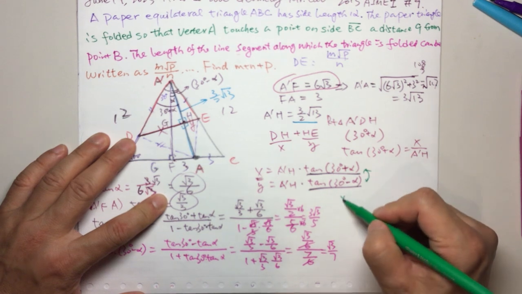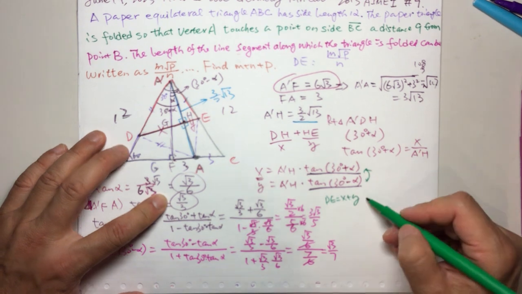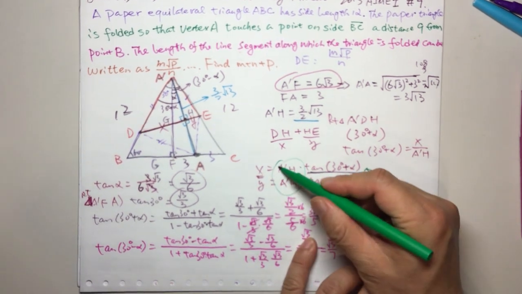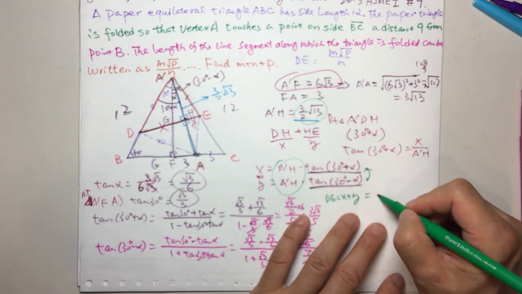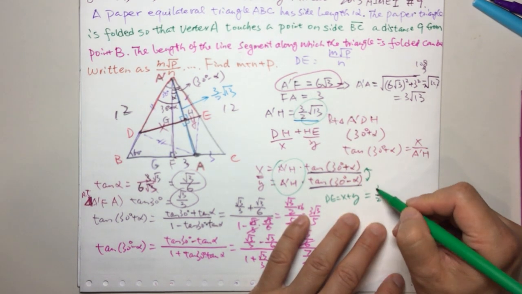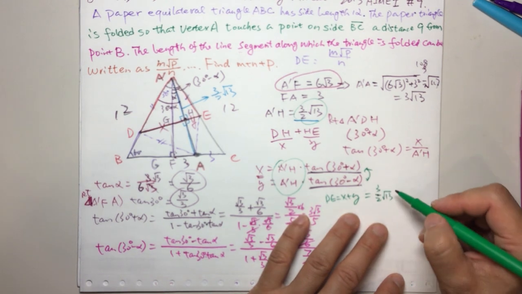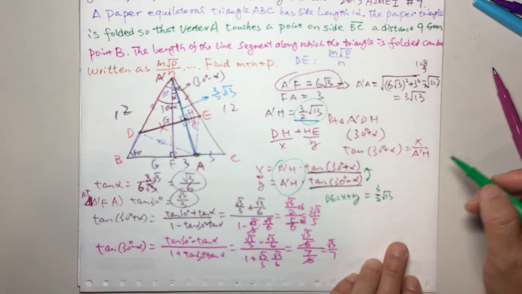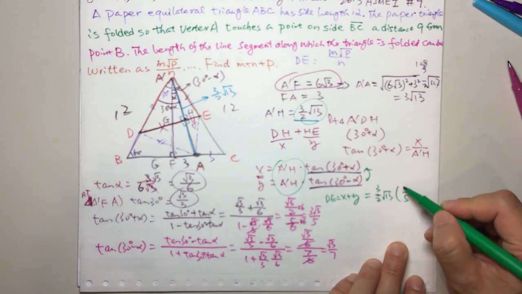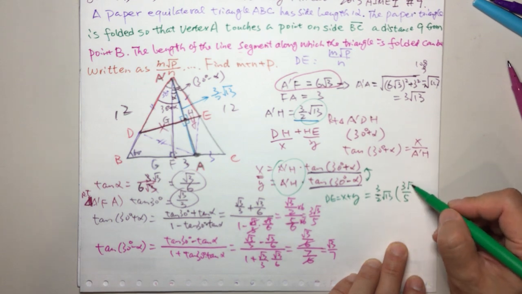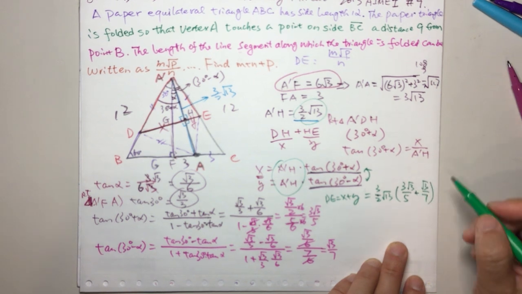Because we want to find x plus y, that's what we need, right? DE equals x plus y. All of them have A prime H, which is 3 over 2 square root of 13, times this one plus this one, which means 3/5 square root of 3 plus 7 square root of 3.